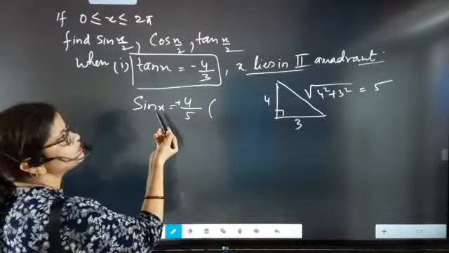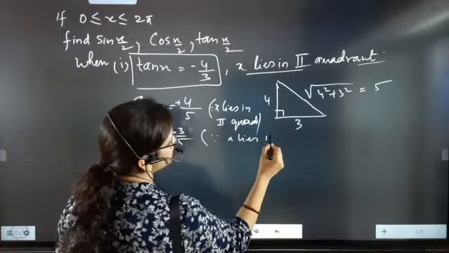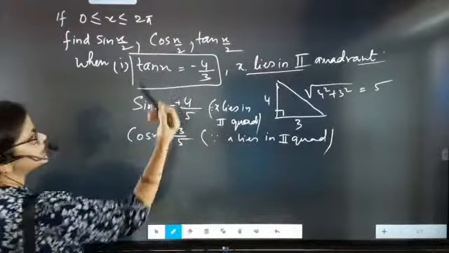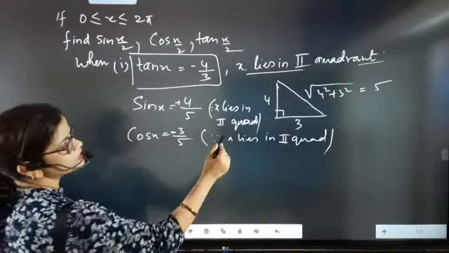Now cos x will be base by hypotenuse, that is 3 by 5, and here it will be negative since x lies in the second quadrant, and in the second quadrant cos is negative. That's it. Tan is negative, cos is negative, sin is positive because it's the sine house. So x lies in the second quadrant.